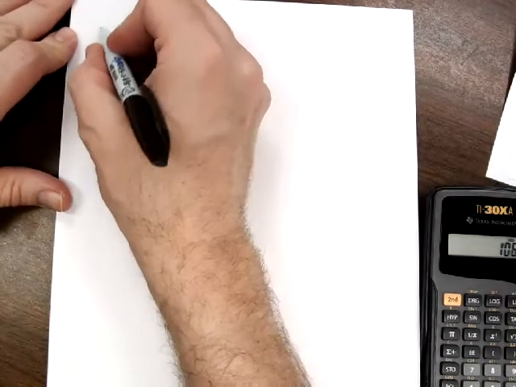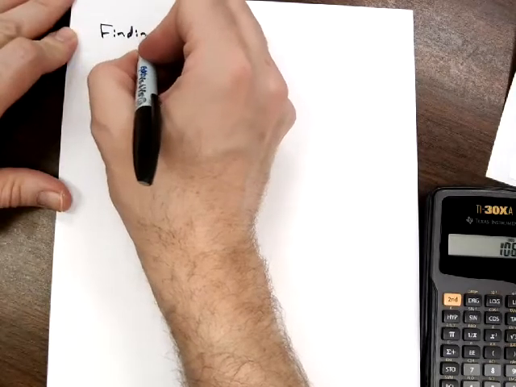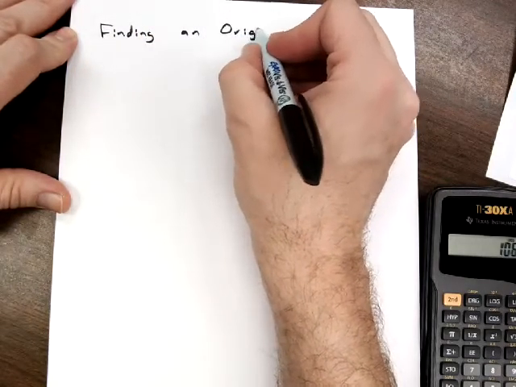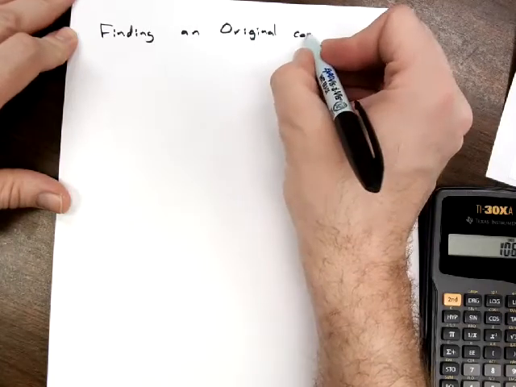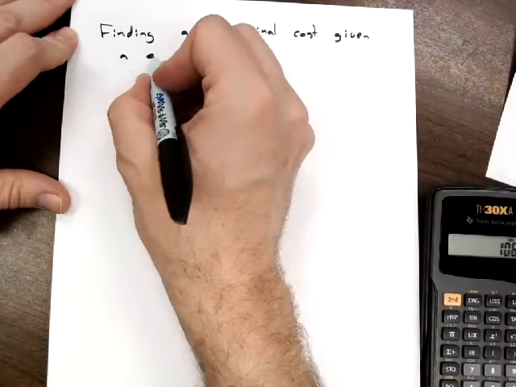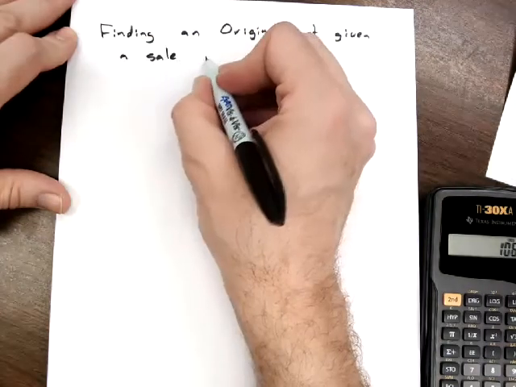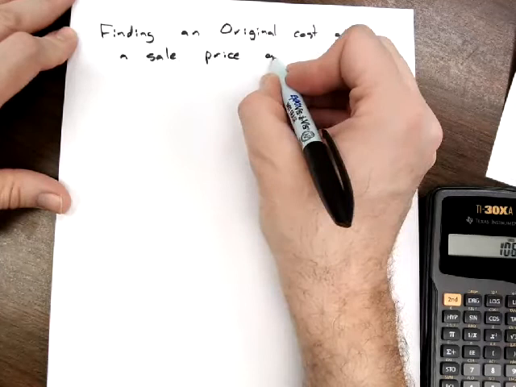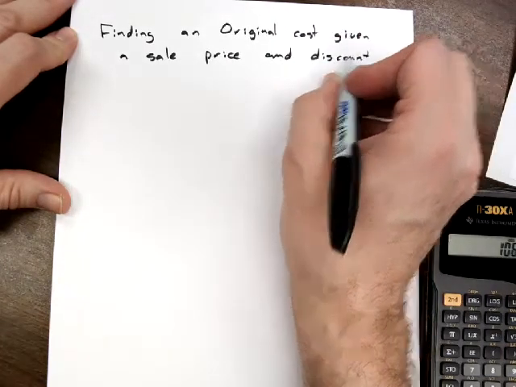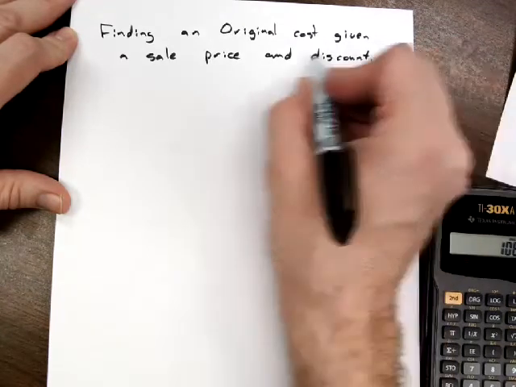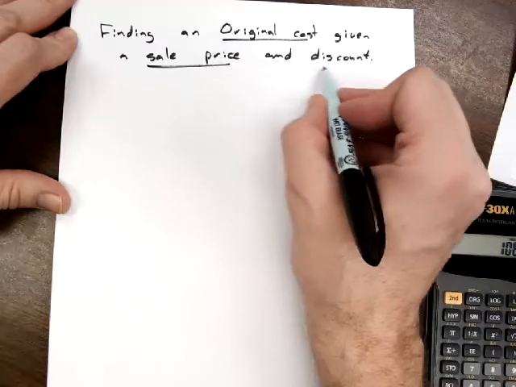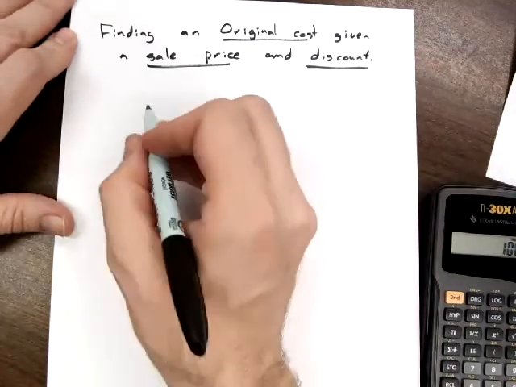So finding an original cost given a sales price and a discount. So we're looking for original cost given a sale price and a discount. And this one is sneaky.